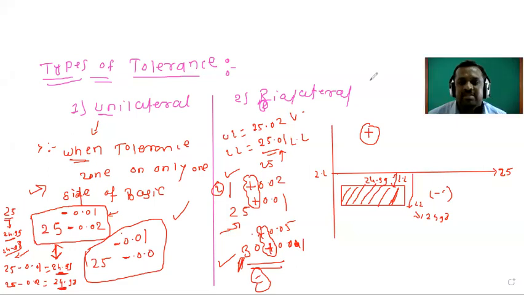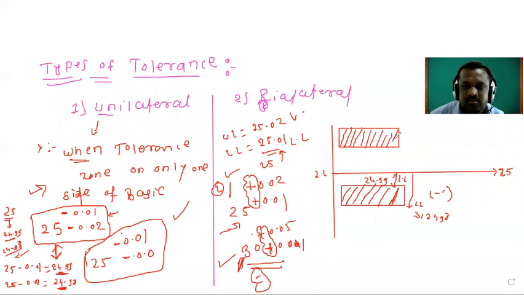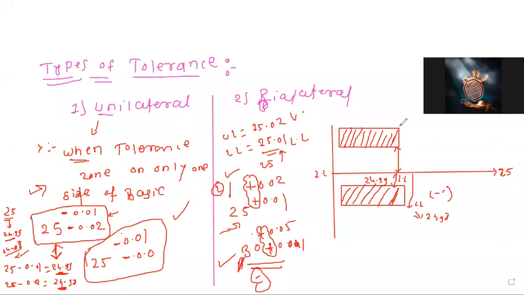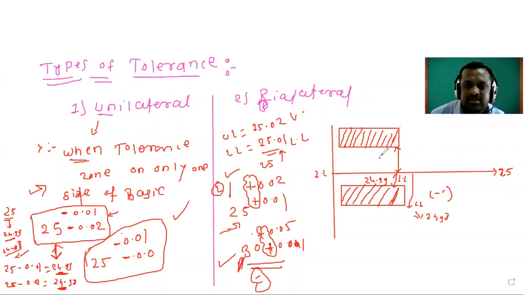Then first we have to draw the tolerance zone. So this is the tolerance. This is the lower limit, 25.01.